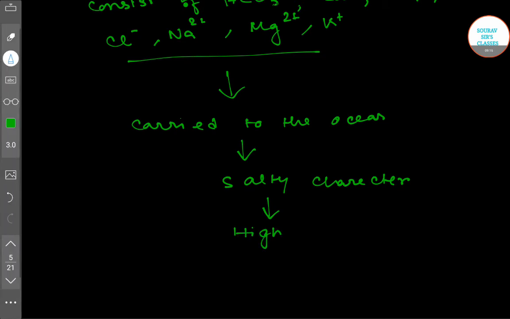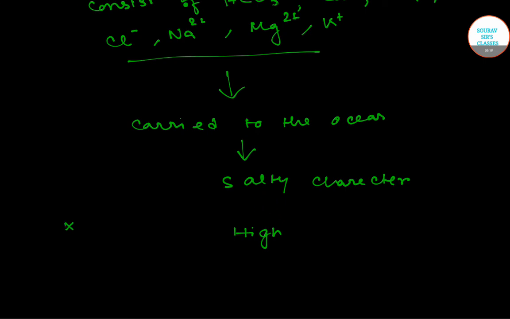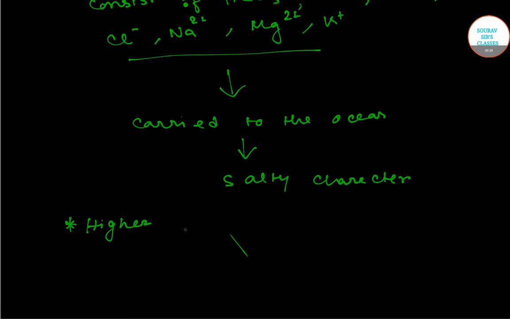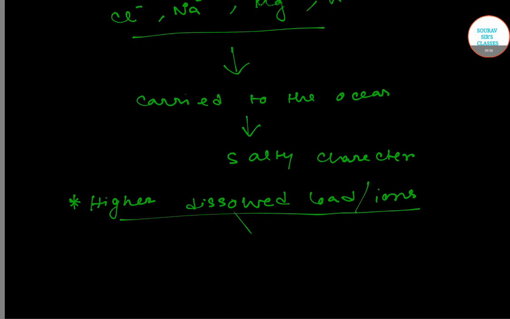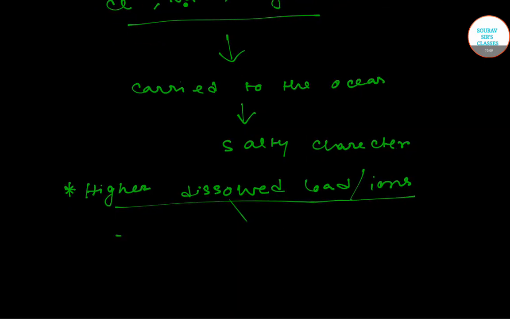So let me write it as a bullet: the higher dissolved load, or the ions, here load means the ions, the higher the ions that are dissolved, mainly when there is a deep underground source. Deep underground.